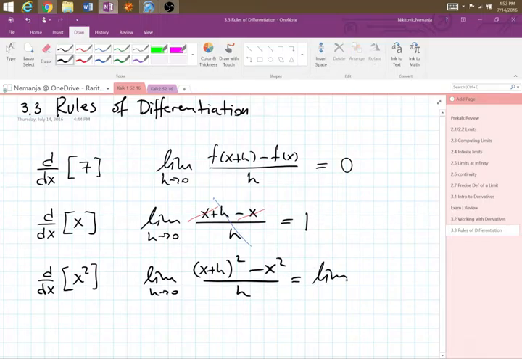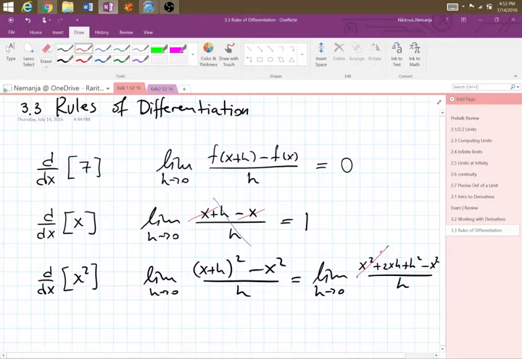So we have the limit as h goes to 0 of x squared plus 2xh plus h squared minus x squared over h, and then these x squares cancel, and we end up having, factor out h, 2x plus h over h, so now h cancels, and as h goes to 0, we just have 2x.